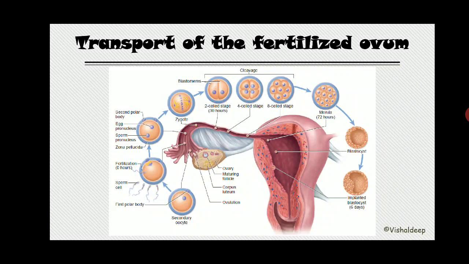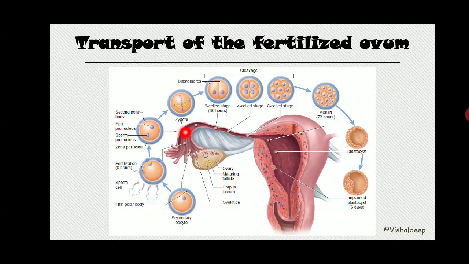Now, let me repeat one more time. Ovulation will take place at the 14th day of the cycle. After that, 1 or 2 days later, the fertilization will take place. So fertilization will occur at the 15th or 16th day of the menstrual cycle. After 6 days, the fertilized ovum will reach the endometrium and implantation will occur.